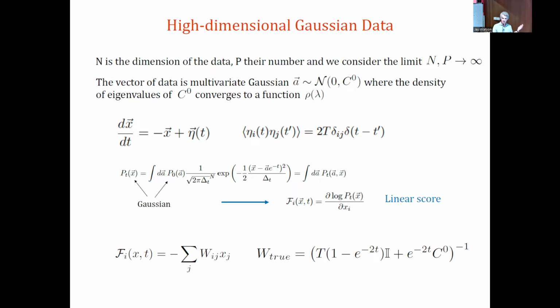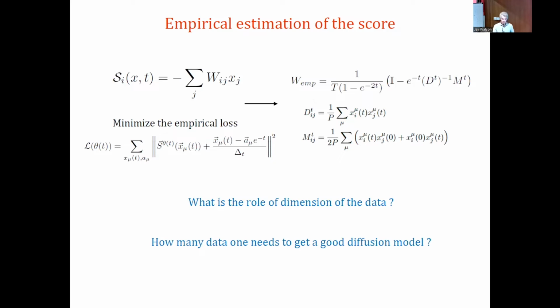But of course, we don't want to understand the exact case. We want to understand when we get a certain number of data and a certain dimension of data. So what you should do, and please ask questions if something is not clear, because I think I have more slides than I can fit in 15 minutes. So yeah, good. Sorry, go ahead.